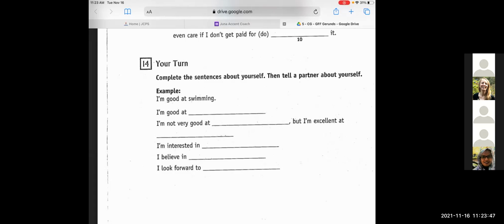Excellent at. Please repeat. Excellent at learning. Yes, after this it's a gerund. I'm interested in reading books.